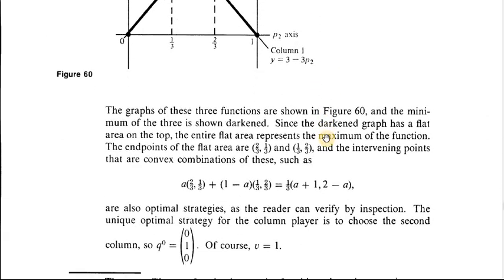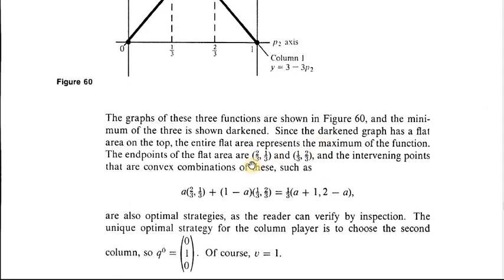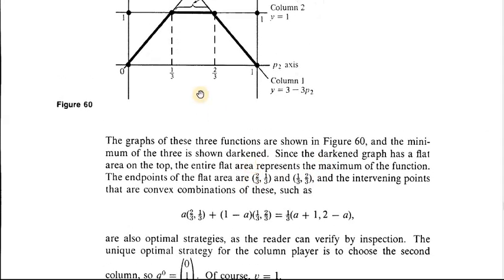So here we have the endpoints of the flat area are 1/3, 2/3, and 2/3, 1/3. I'm sorry. This is P2 equals 1/3. So this would correspond to 2/3, 1/3, and this corresponds to P2 equals 2/3. So P1 equals 1/3.